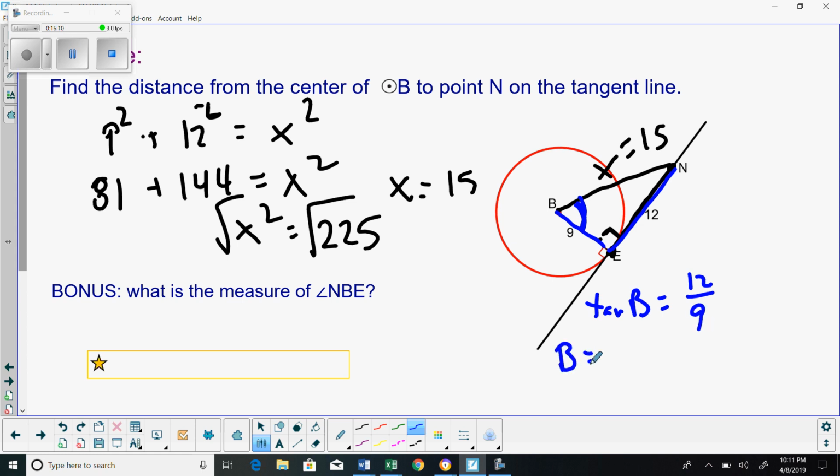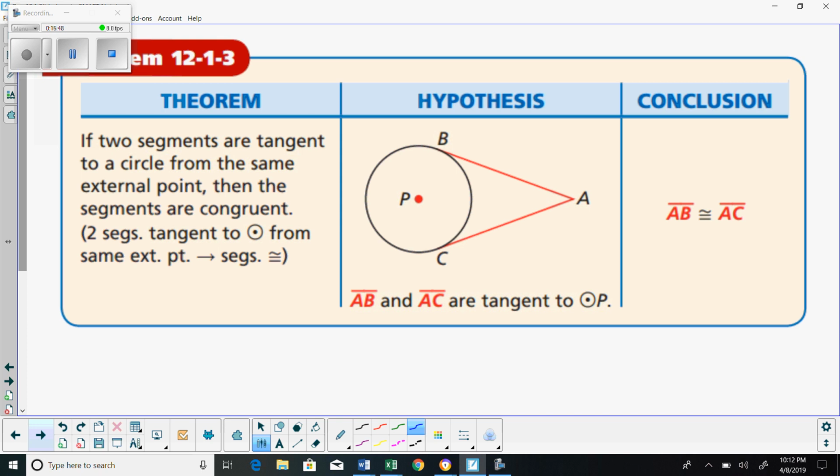I can find angle B by doing tangent inverse of 12 over 9, as we learned in the previous chapter. I'm working this out on my calculator right now, as I hope you are, and that gives me about 53 degrees. So angle B is about 53 degrees.